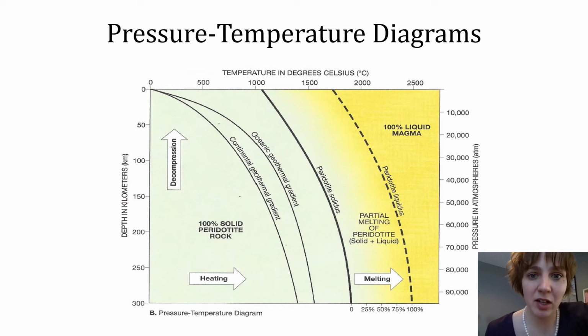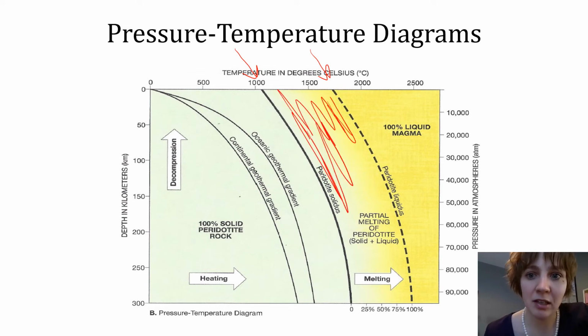So if the solidus represents conditions when melting begins and the liquidus represents conditions when melting is complete, all of this area in between these two curves represents a magma composed of both melt and solid.